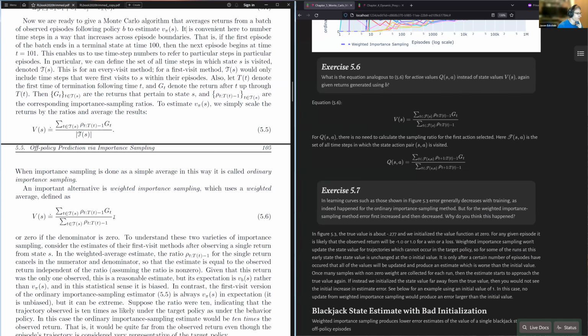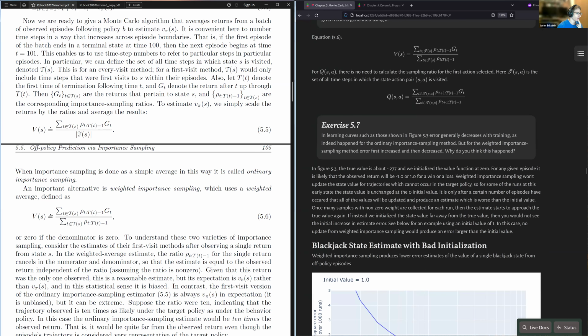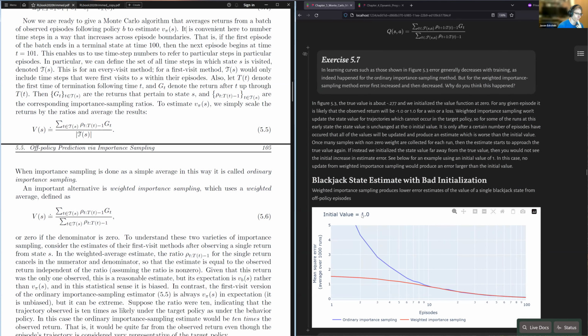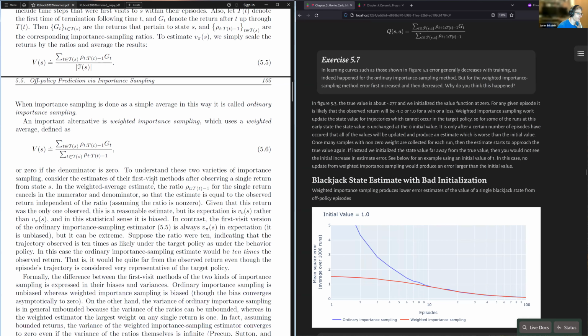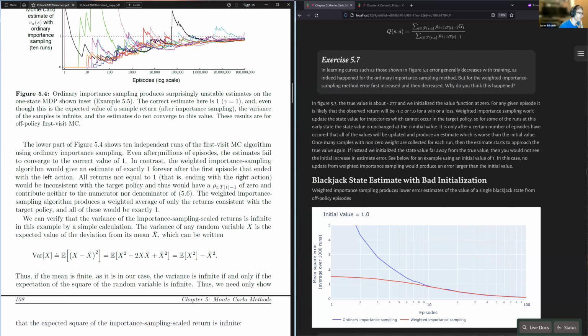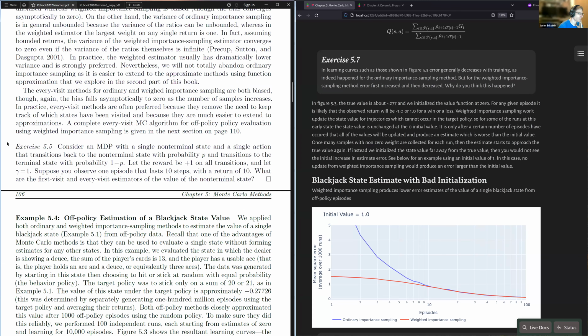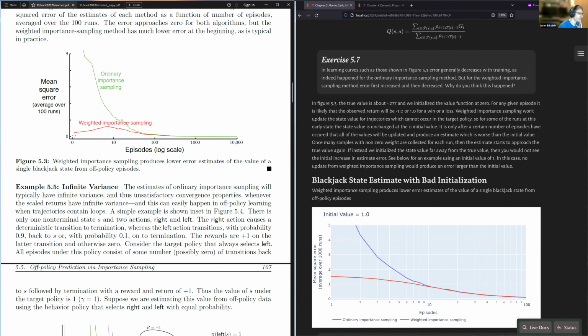So there is this initial value here, and if you take this method and let's say the initial value is 1 instead of 0, then the curve ends up looking like this. So you don't see any kind of increase or decrease. And I think the reason you see this is because, imagine this is for 100 runs.